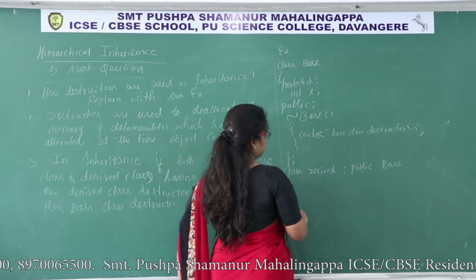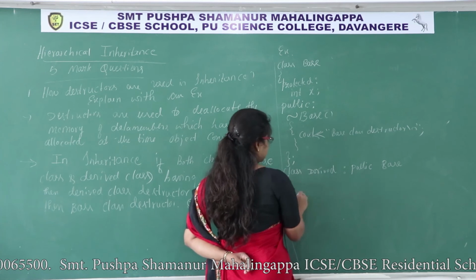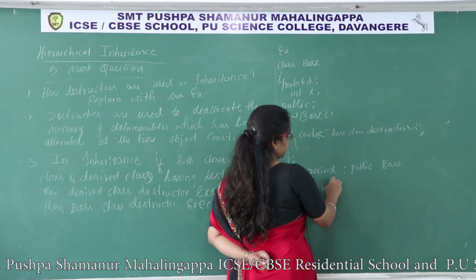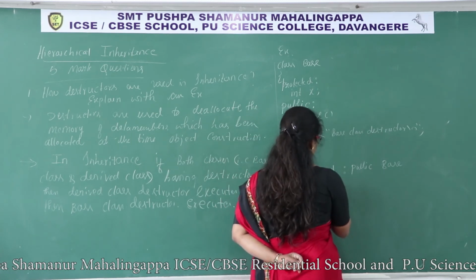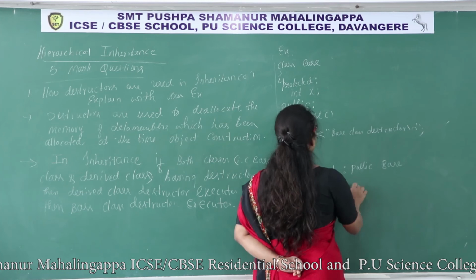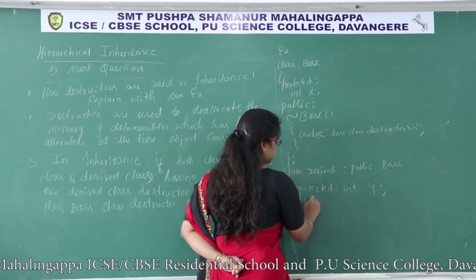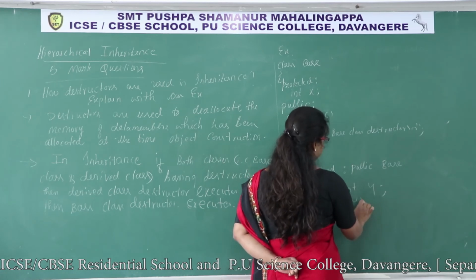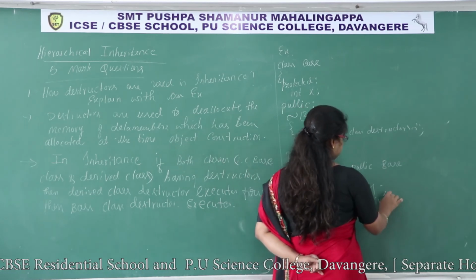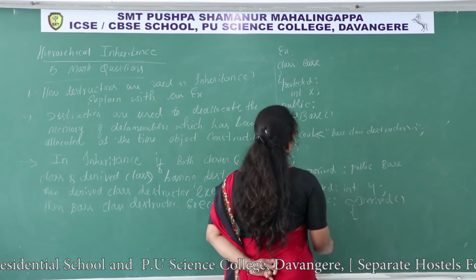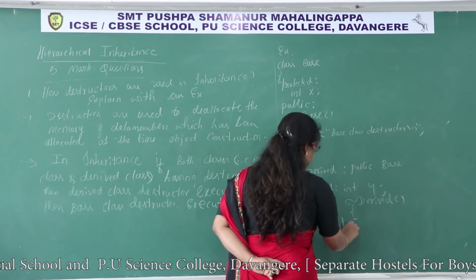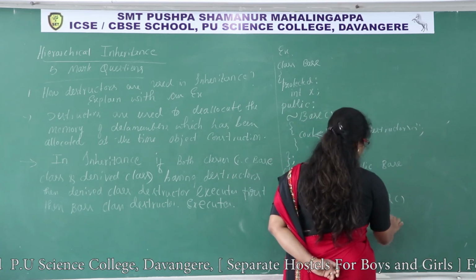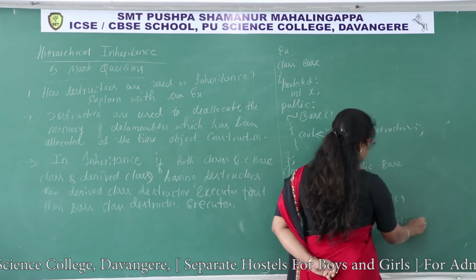Now here also in the protected section I'll take int y here, public derived, cout derived class destructor.